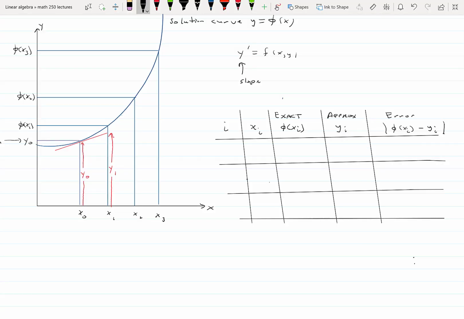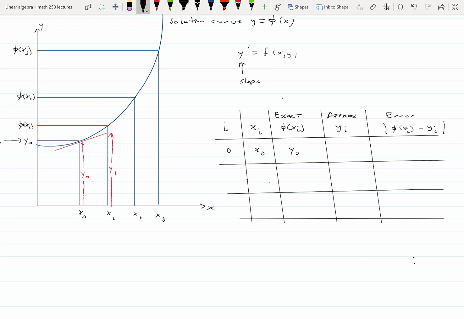So I made a little chart to organize things here. Let's say i is the subscript. When i equals 0, I have x sub 0, x naught, and I have the y value on the solution curve because it was given.